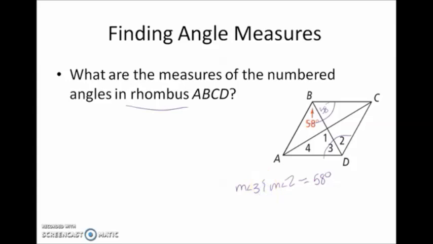I also know that the diagonals are perpendicular, so the measure of angle 1 has to be 90 degrees. And once I know that 1 is 90 and 3 is 58, I can calculate 4 because this is a triangle, so those must add up to 180. So with 58 and 90, the measure of angle 4 must be 22 degrees. I'm sorry, 32 degrees, because that will get me to 180.